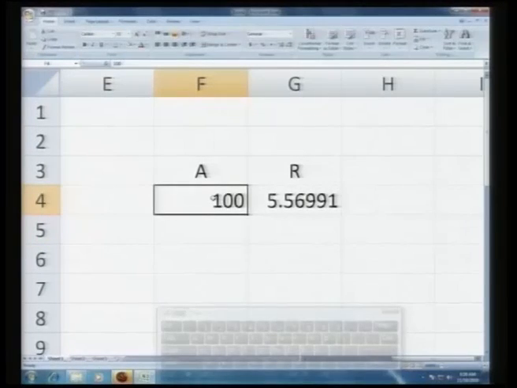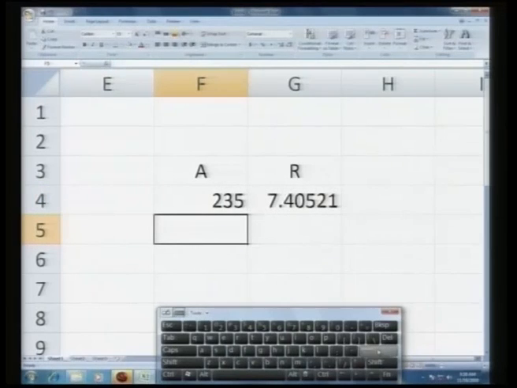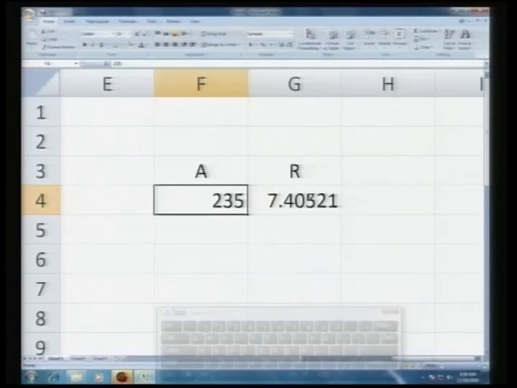Uranium, 235, correct, capital A is 235. So, let us go for that, 235, 7.4 femtometers.